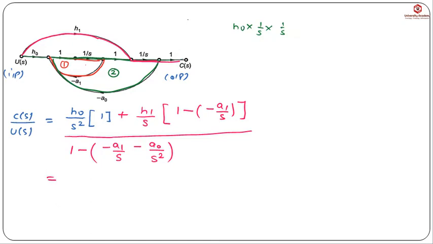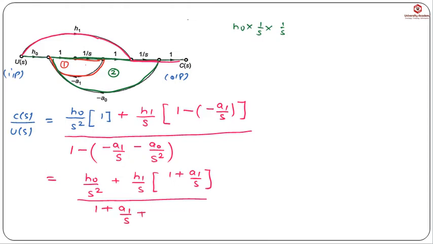This will be equal to H naught by S square plus H1 by S times 1 plus A1 by S, divided by 1 plus A1 by S plus A0 by S square.